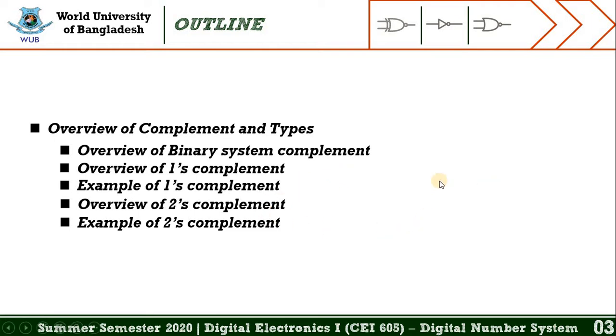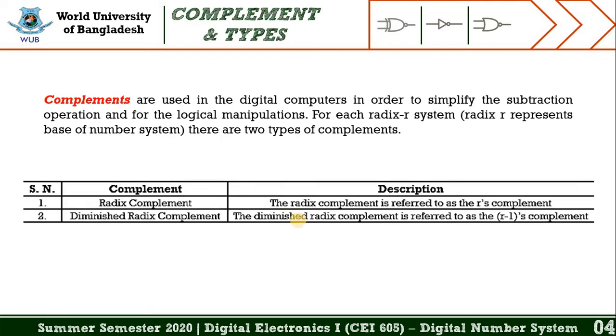Then you can learn the overview of second complement or two's complement, and an example of two's complement. So let's start with the overview of complement and types. Let's move into the next slide.